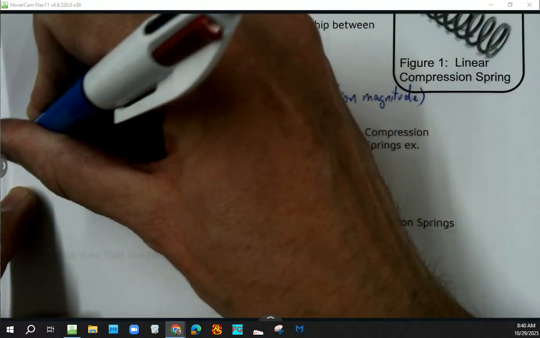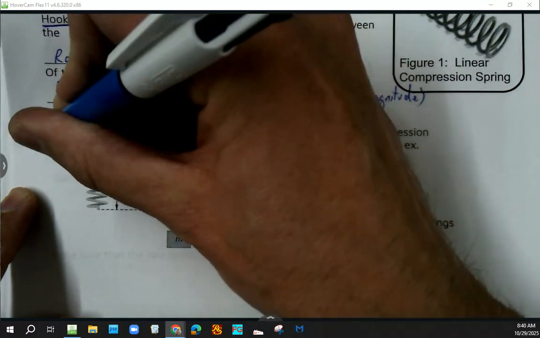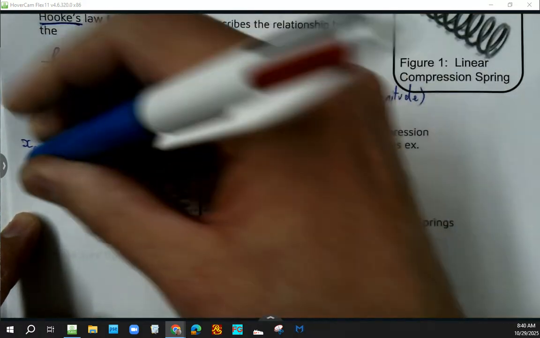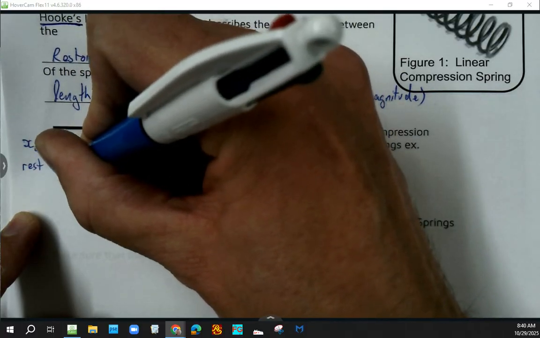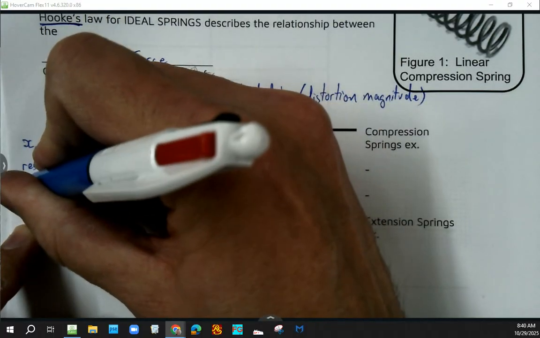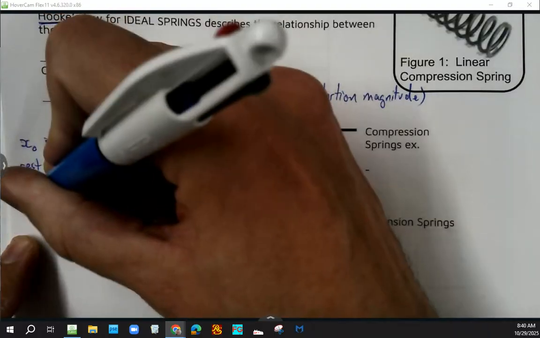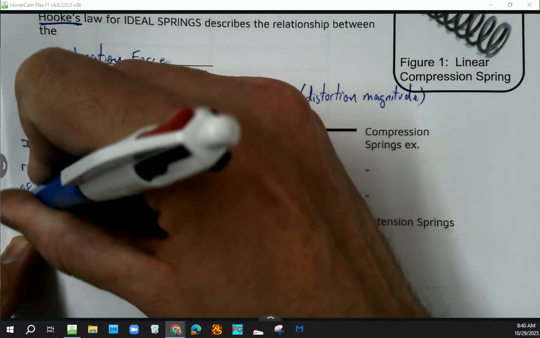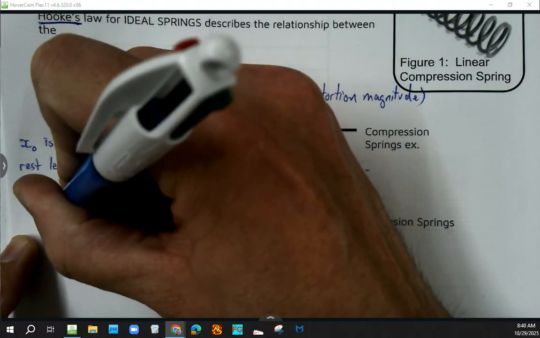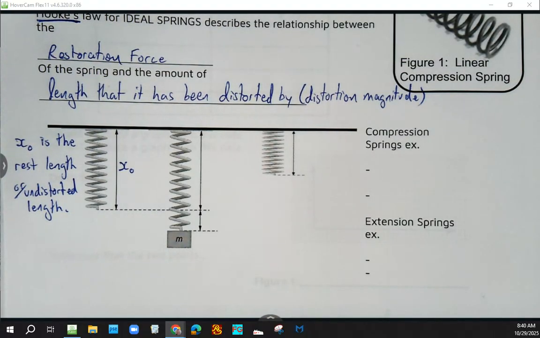So let's make a little note to ourselves. X naught is the rest length, or we could say undistorted length. And then there are going to be some people that say, why is he calling it x naught, not x sub 0?